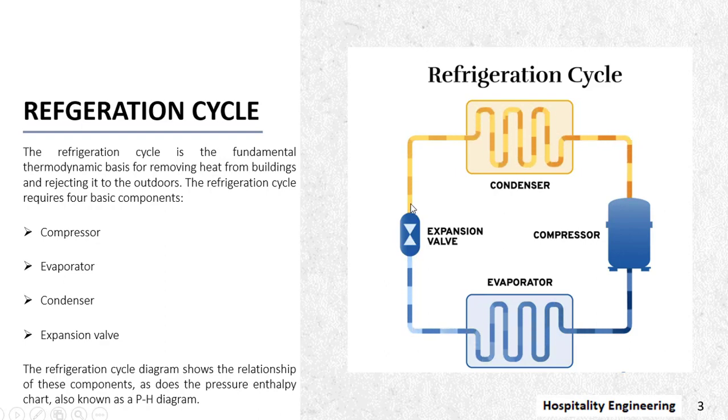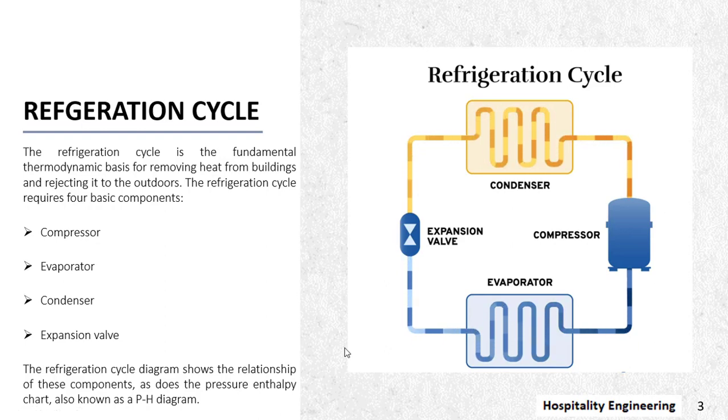When the high pressure liquid passes through the expansion valve, the pressure is controlled and partially vapor and partially liquid refrigerant goes inside the evaporator, where it gets evaporated. Then finally low pressure, low temperature gas goes back to the compressor. Thus this cycle continues in the refrigeration cycle.